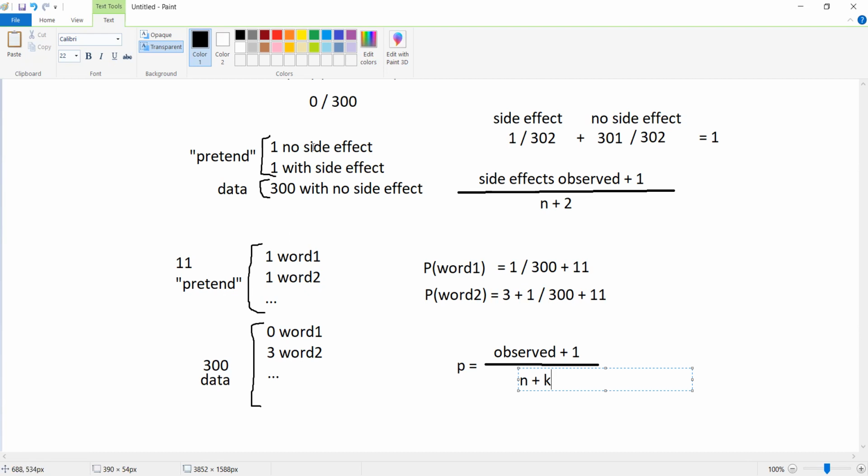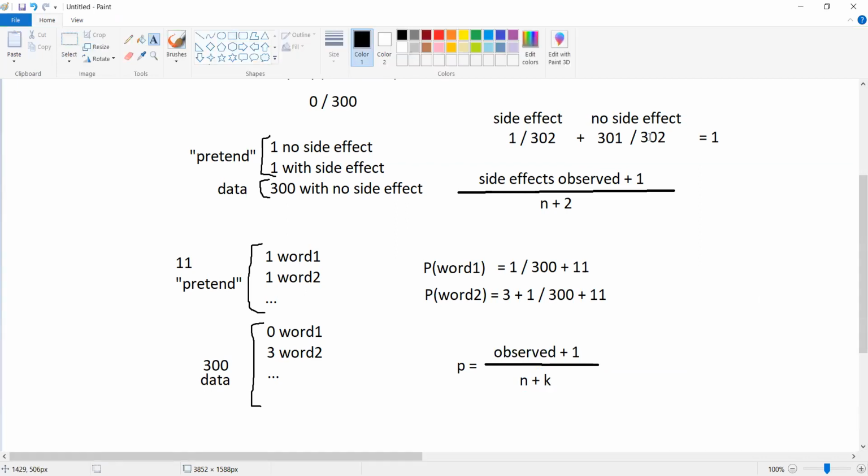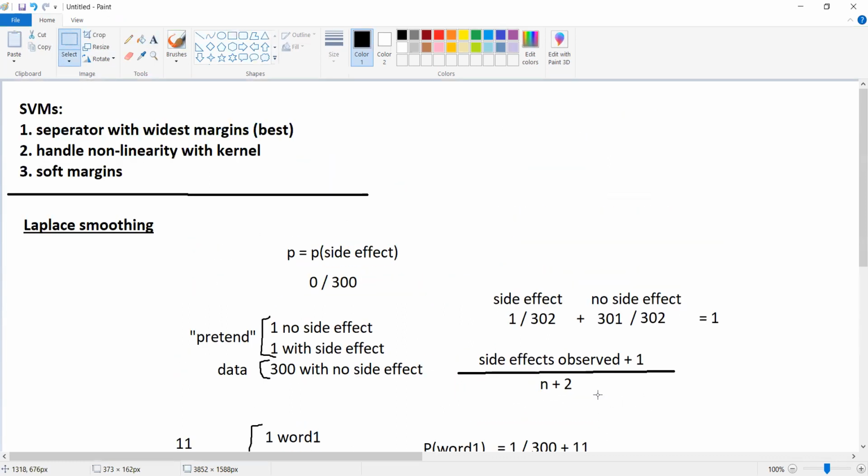So in the no side effect case, we only had 2 outcomes. That's why it was 2. But in the bag of words model, we can have 11 different outcomes because we have 11 different words which can come. And if we do the math for each one of the 11 words and sum all of them, they will also sum up to 1, just like what we had here. Okay, so this is the good Laplace smoothing, and this is the one I want you guys to remember.